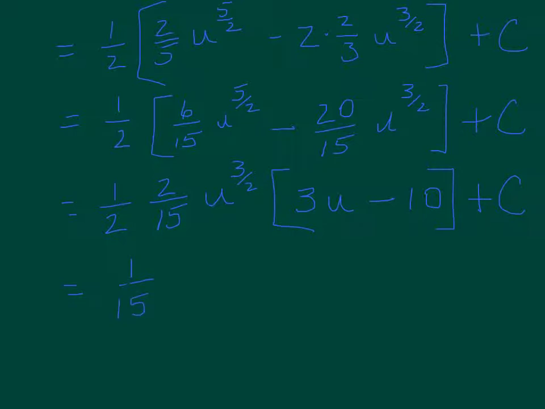So U was equal to x squared plus 2. So we're going to have x squared plus 2 raised to the 3/2, and then 3 times x squared plus 2 minus 10.